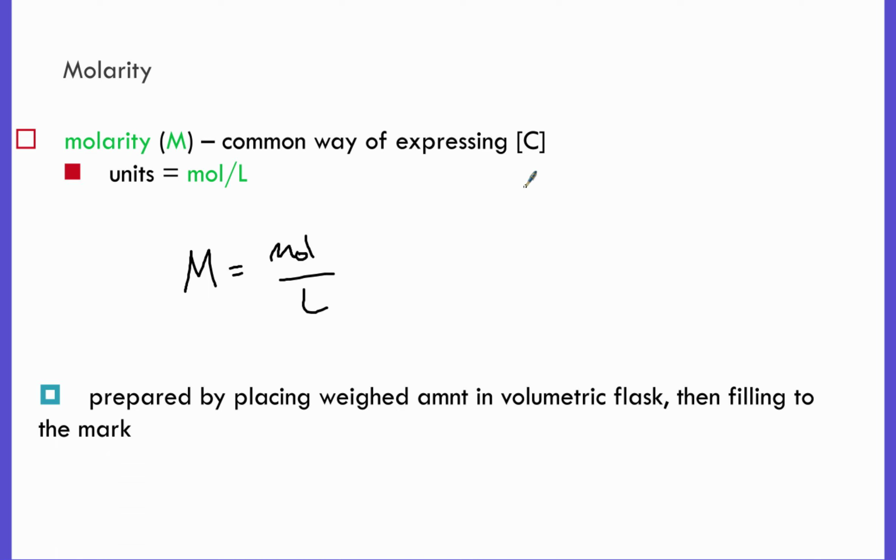So if I wanted a 1 molar solution of something, I would have to dissolve 1 mole in literally 1 liter, right? So if it was a substance, say salt, and we know that 1 mole of salt has a mass of 58.44 grams, then all I have to do is measure out 58.44 grams and put that amount in 1 liter of water, make it a total volume of 1 liter, and you're going to have a 1 molar solution.